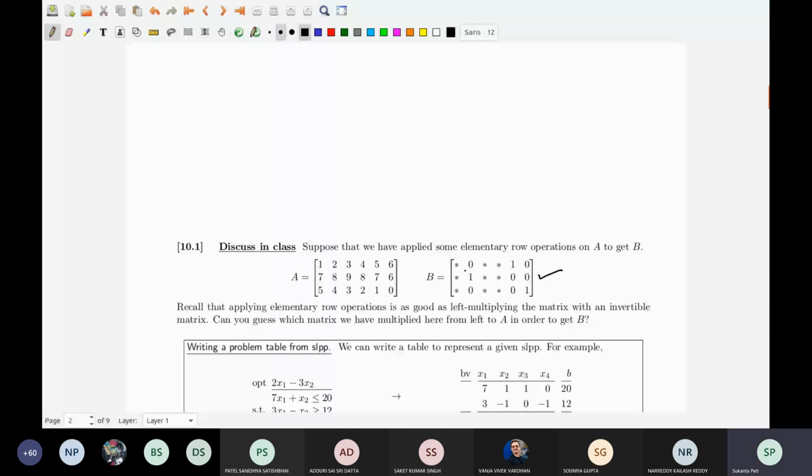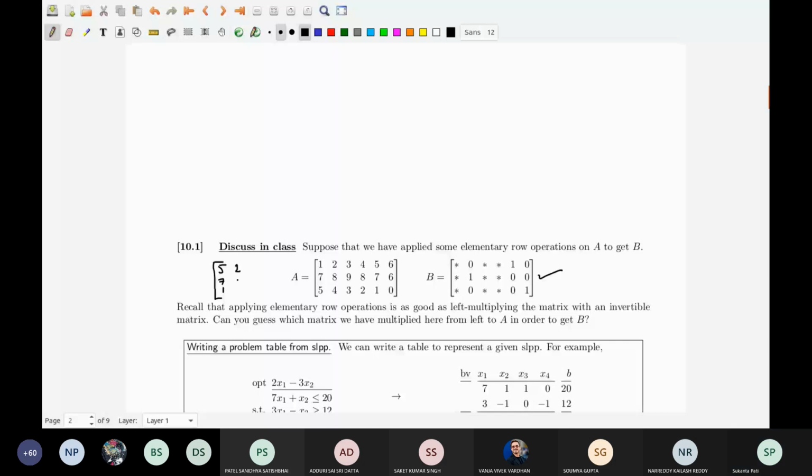And I am asking what invertible matrix I might have multiplied with A. Well, the answer would be the following: the inverse of the matrix with columns 5 7 1, 2 8 4, 6 6 0.